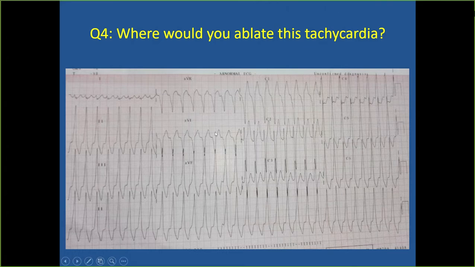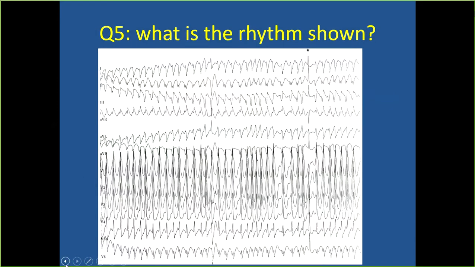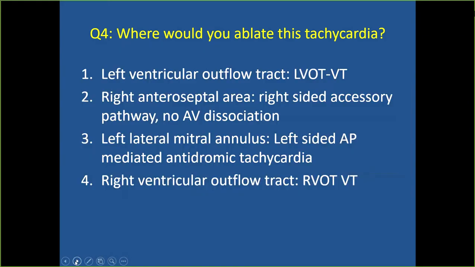Transition in V3 to V4, such amount of positivity, what is it? Is it a LVOT VT? Can you show me the options? Is it a right anteroseptal area, right-sided accessory pathway?